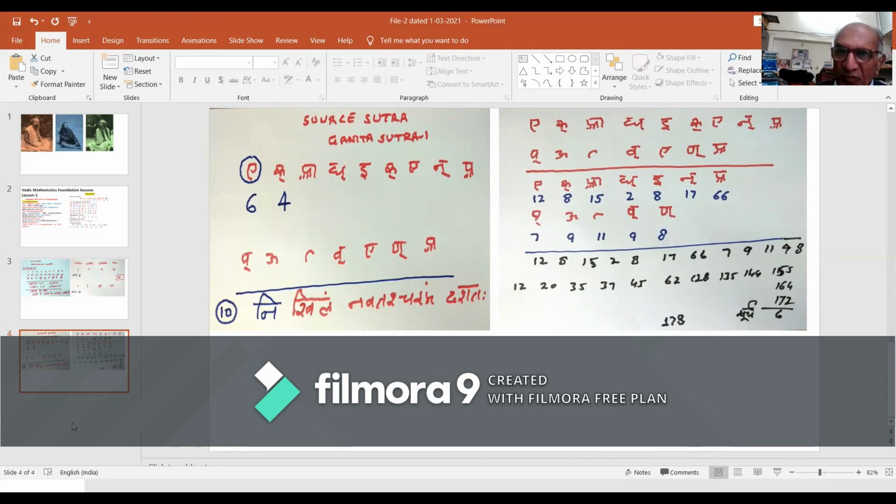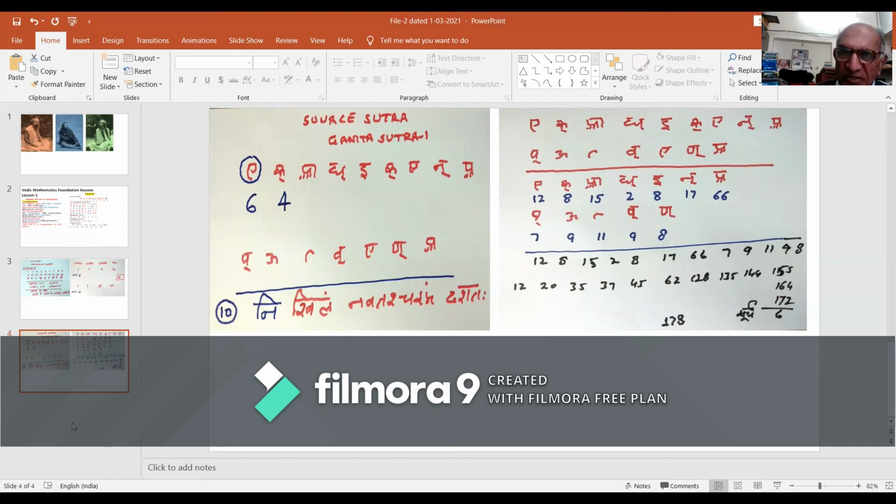we will be face to face with that the summation value of the frequency of occurrence of all the 12 distinct letters in the entire text of 16 sutras comes to be 172. Now we know that the structural key of Ganita Sutra 1 is A, the sixth vowel, value 6.